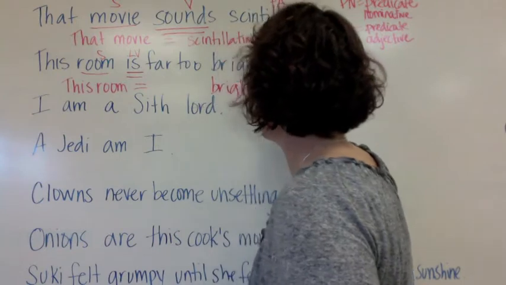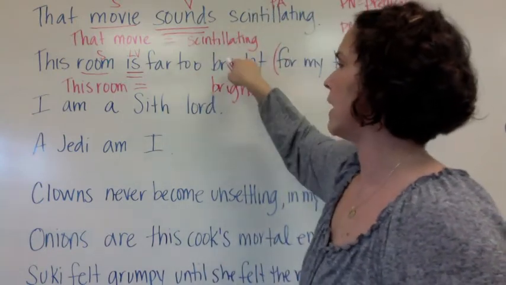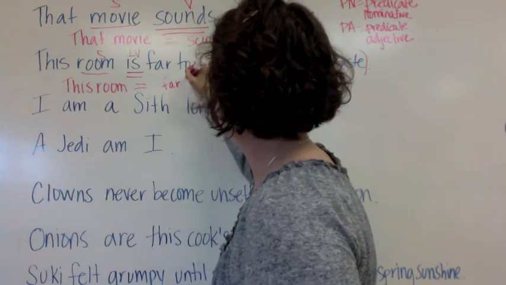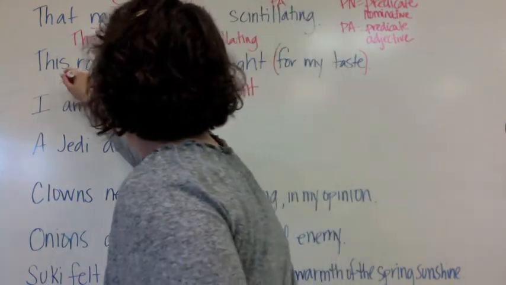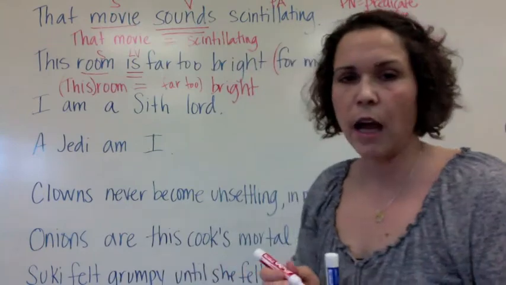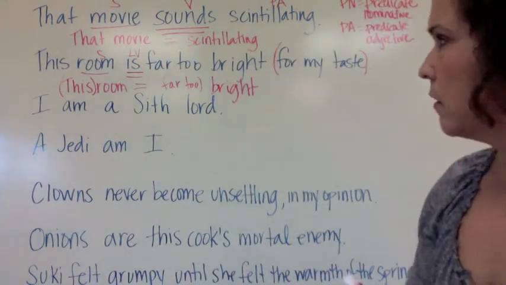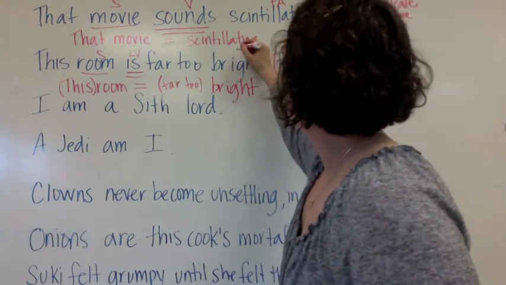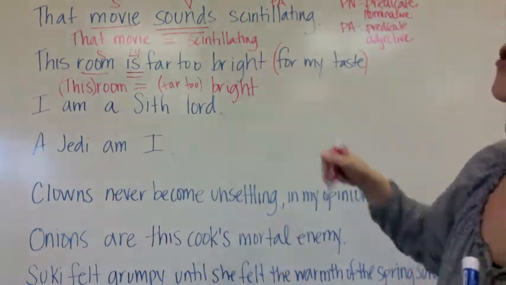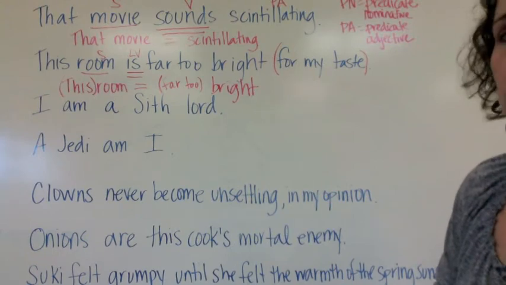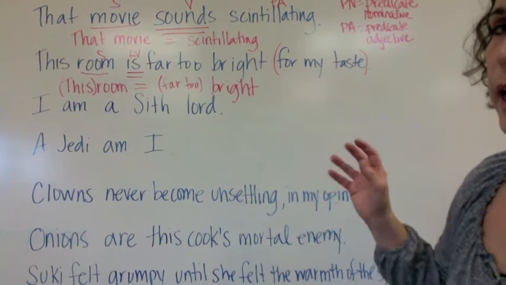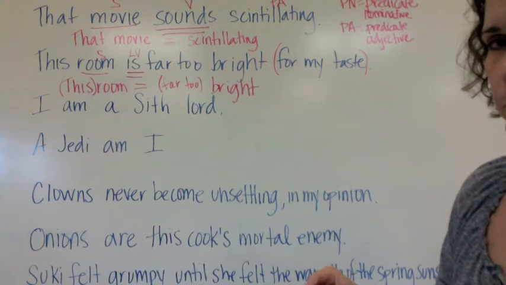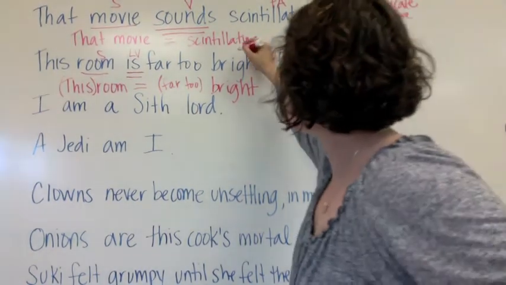Far too is giving us information about bright, not about the room. So just like this is not actually part of the simple subject, far too is not actually the subject complement. It just gives us some more information about the word that is. Okay, so new question, last question. Is this a predicate nominative or is it a predicate adjective? Bright is an adjective, so it's a PA.